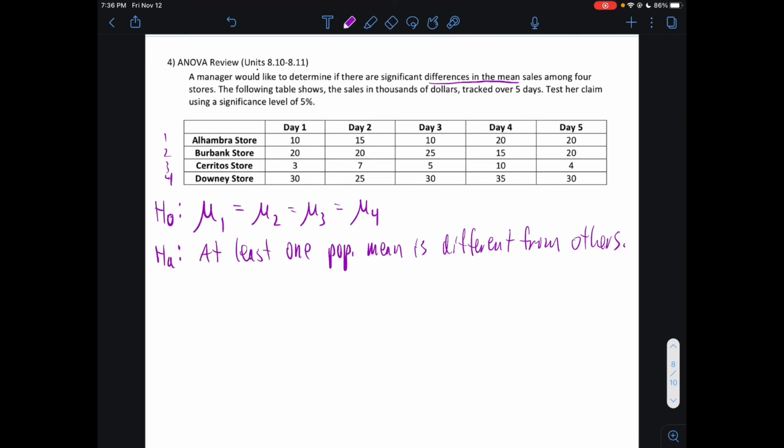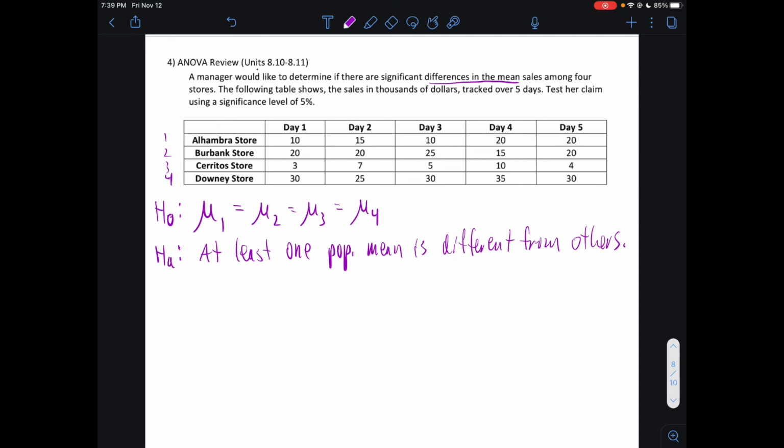Okay, so now this is a very simple problem to answer because we are just going to use the Anova test. The one thing that you definitely have to remember is that we are going to use lists and not a matrix. And one other thing to keep in mind is that each list should be relative to each store.